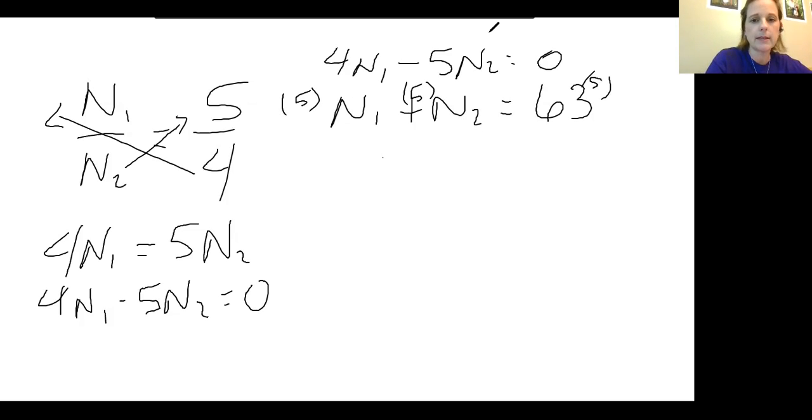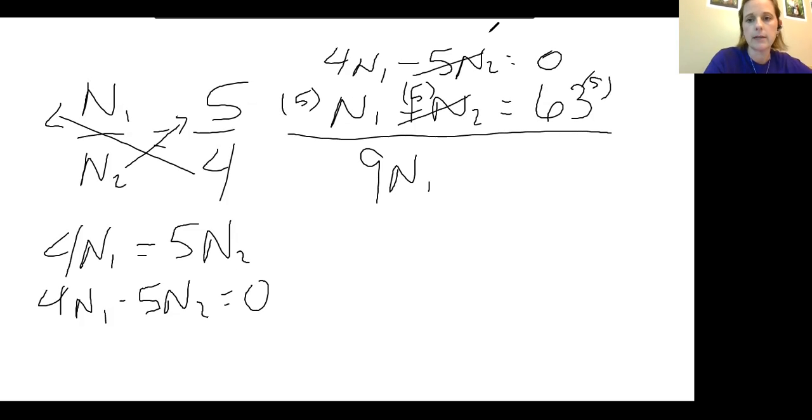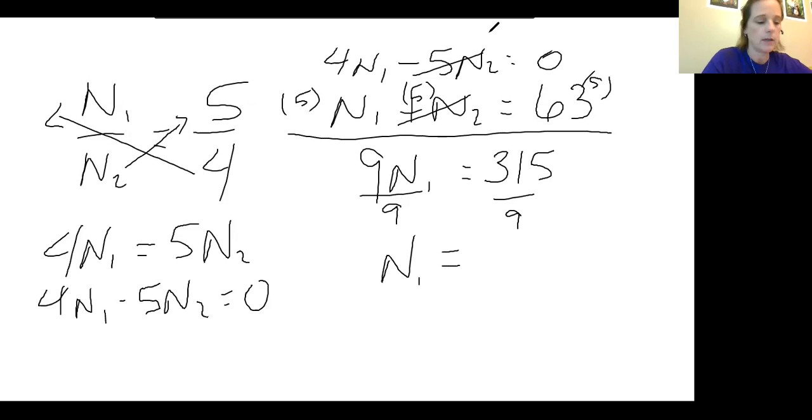So that gives me 9, and then we're going to add. So that gives me 9n1, and then these cancel out. Negative 5n, positive 5n, those cancel. Equals 63 times 5, which is 315. Okay? I'm going to divide both sides by 9, and my first number equals 35.